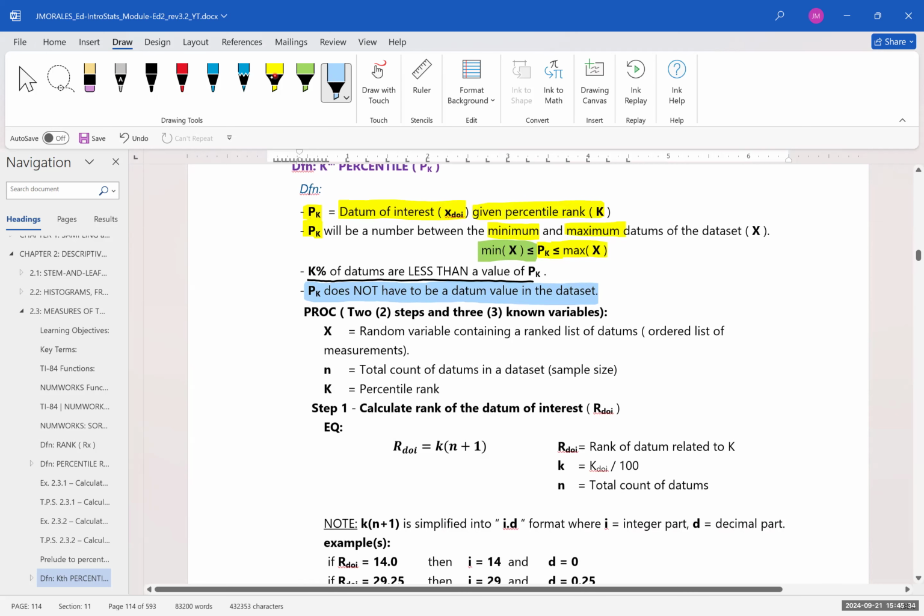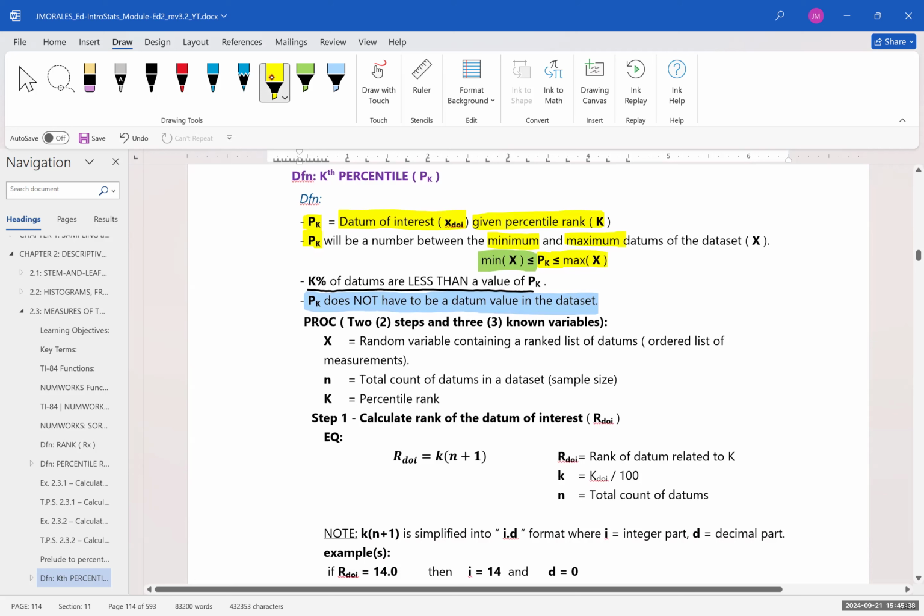So in order to calculate the kth percentile, there's going to be two steps with three known variables. So the first known variable is going to be your data set itself. The second known variable is n, which is the total count of datums in your data set.